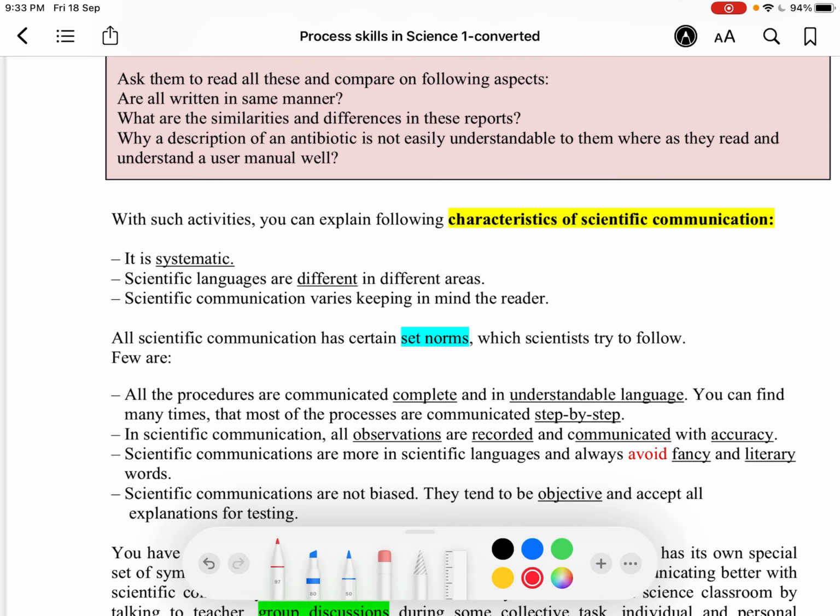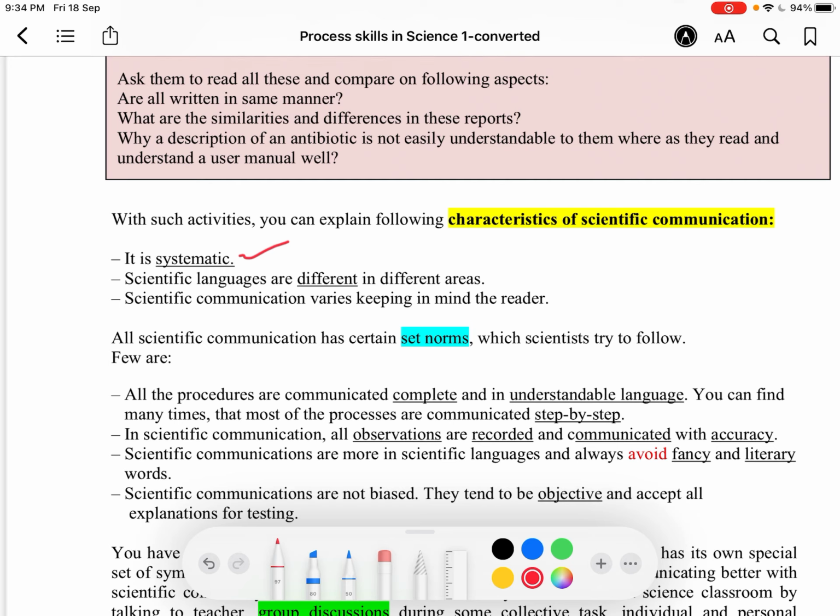So after doing these activities, the learners can be given the following explanation: any scientific communication is to be systematic, step by step, not random. And scientific languages are different in different areas, just like on the paracetamol cover, it is written scientifically, and that language does not match with the user manual of the cell phone. So scientific languages are different in different areas.